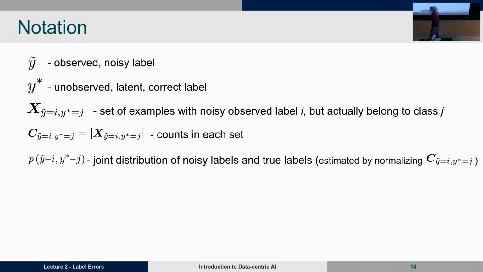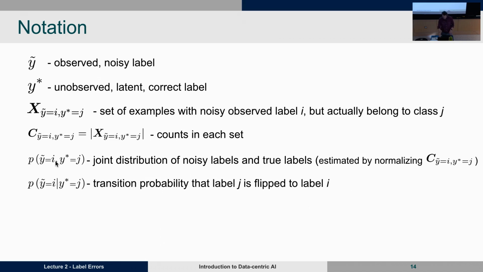And this notation here is the subset of data in your big X data set that is noisily labeled i, but the true label is j. This is just the counts, the cardinality of that set. And this is the standard joint distribution. And that's your flipping rate of things that were, say, images that were dogs that you observed as frogs.